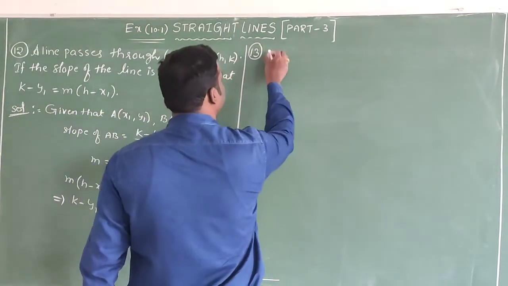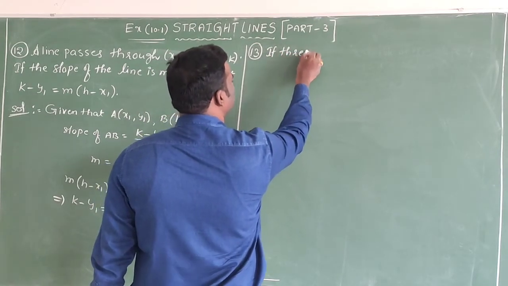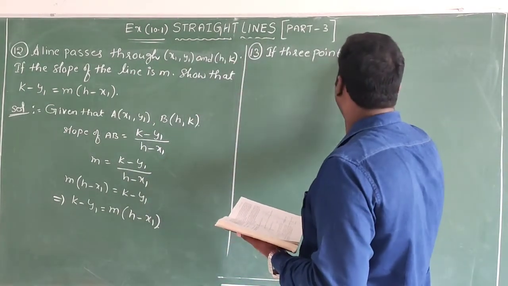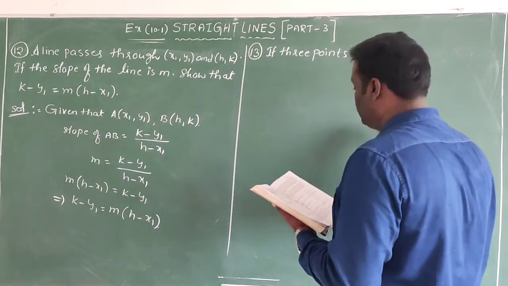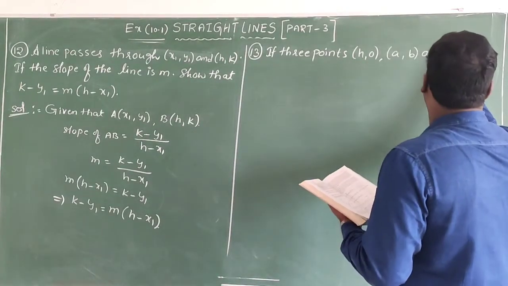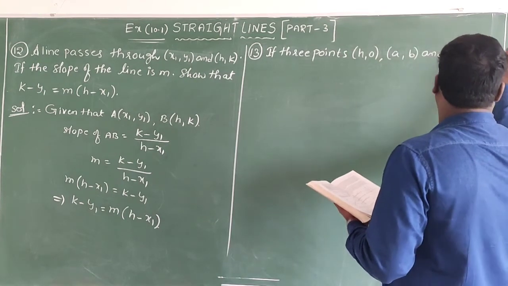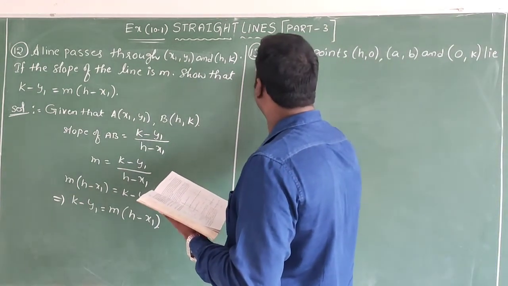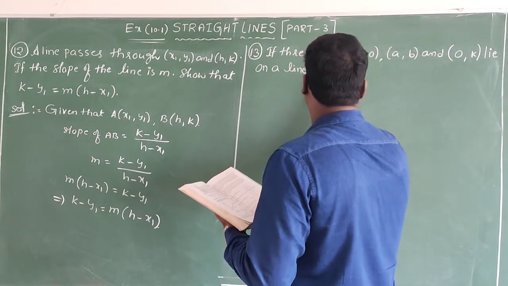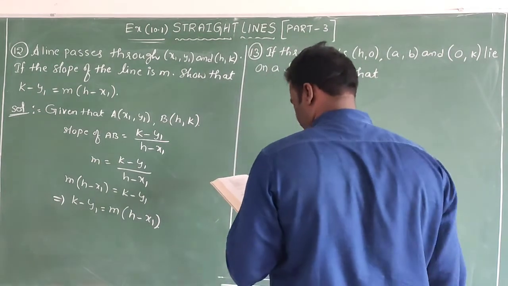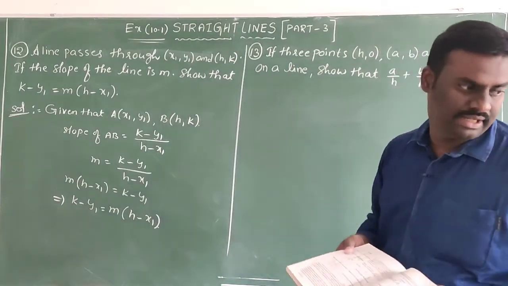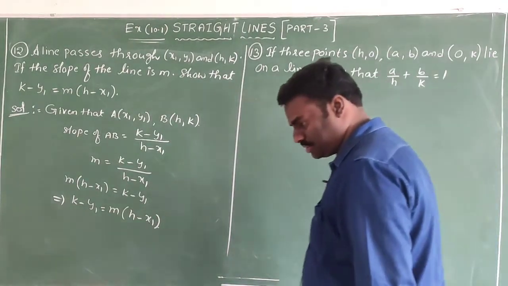If 3 points h comma 0, a comma b and 0 comma k lie on a line, show that a by h plus b by k is equal to 1. A by h plus b by k equals to 1.